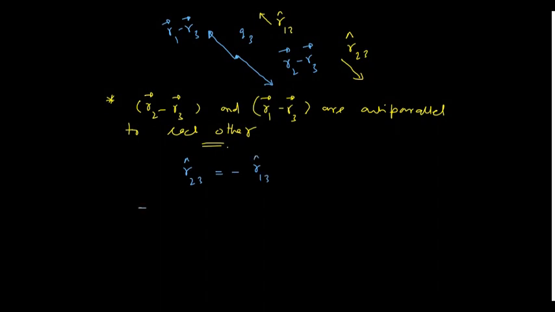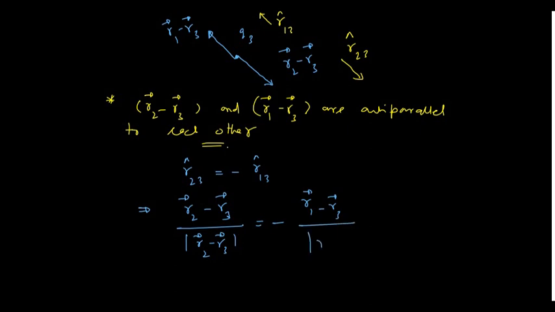So I can write r2 vector minus r3 vector divided by mod of r2 vector minus r3 vector is equal to minus of r1 vector minus r3 vector divided by mod of r1 vector minus r3 vector.